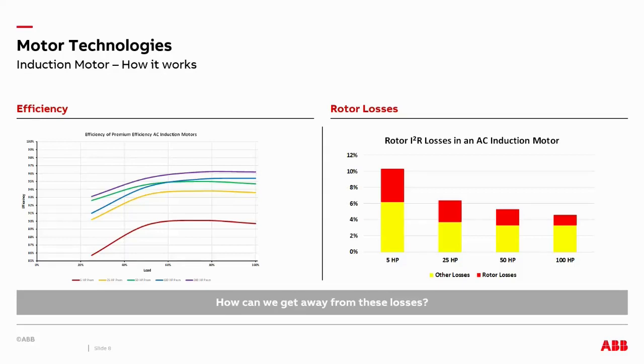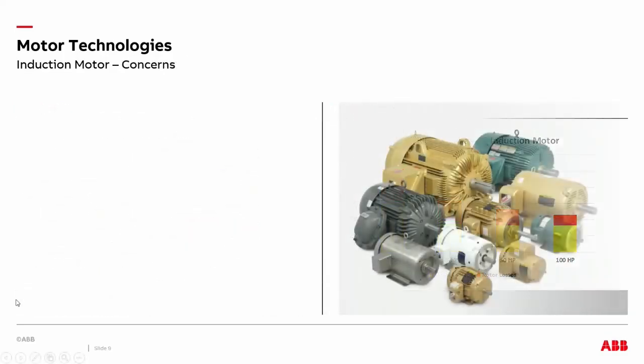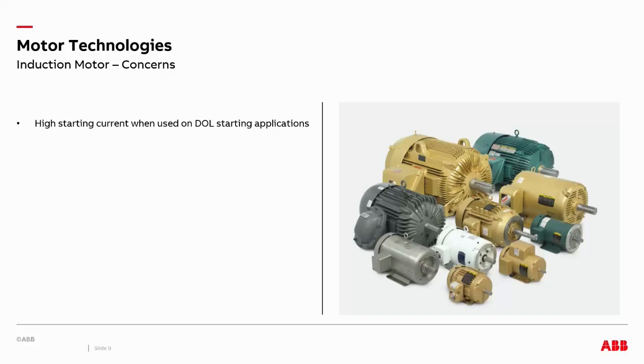And this leaves us wondering, well, how can we get away from these losses? As we walk through these different motor technologies, we'll see how we can get rid of some of these losses. So some concerns for induction motors. Well, we have a high starting current when used on a direct online or across the line starting application.